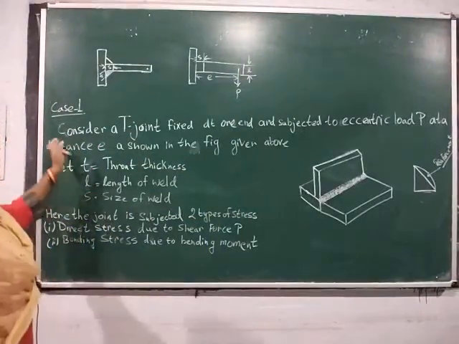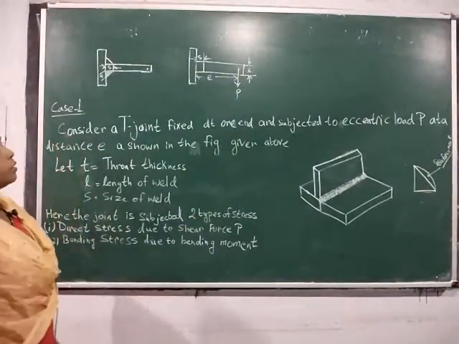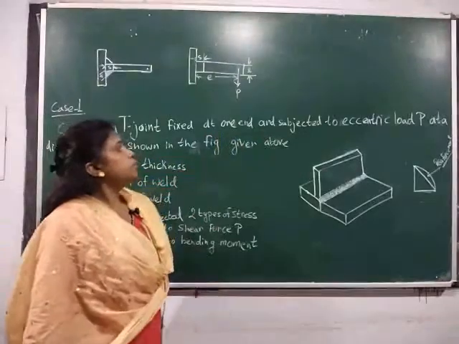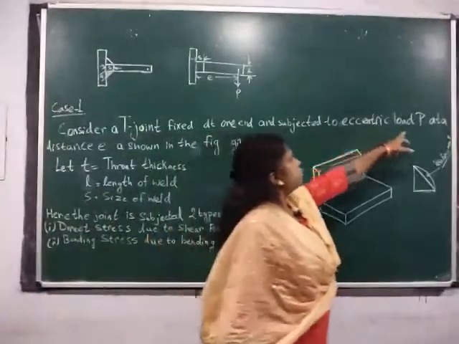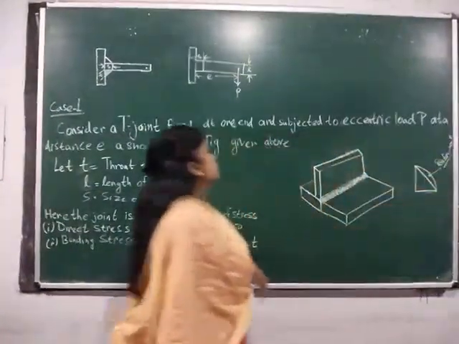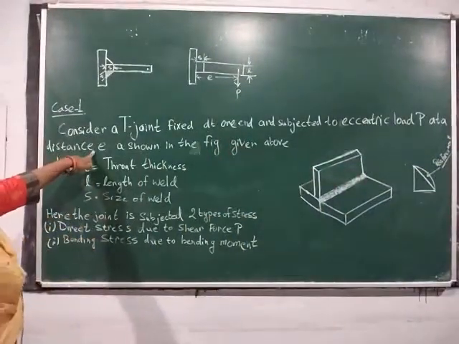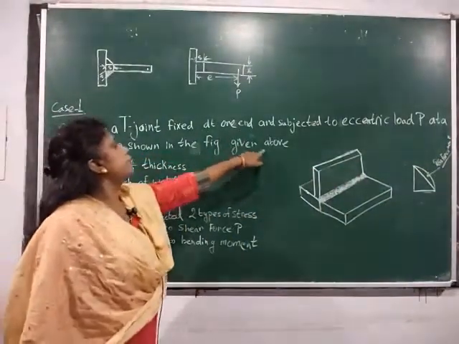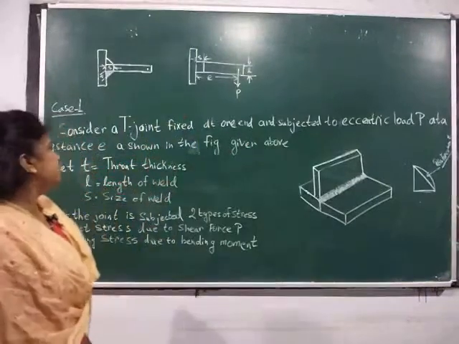Next, consider a T joint fixed at one end, subjected to eccentric load P at a distance E as shown in the figure given above.